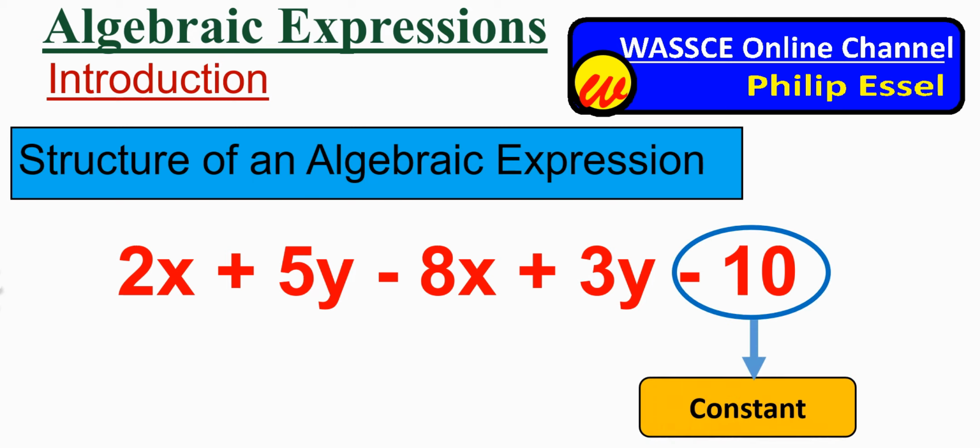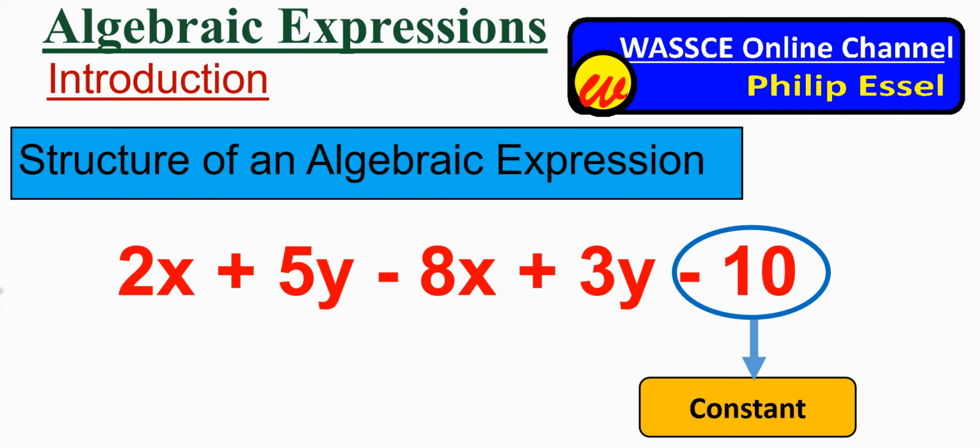So this number -10 is the constant in the algebraic expression because the -10 stands alone. It doesn't have any variable by it.